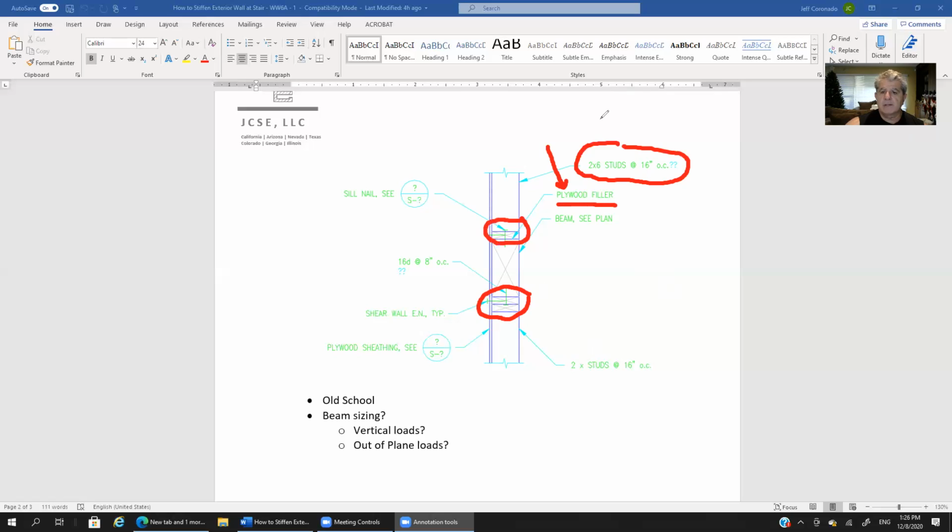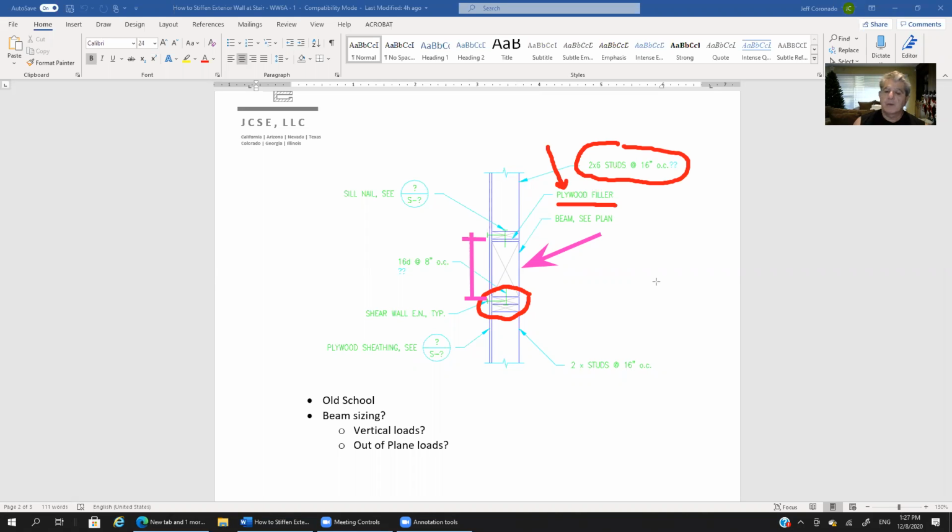That leaves, let me use magenta here, this distance between the bottom of the sill plate and the top of the double top plate as an unknown, if you will. So this beam basically has to match the depth of the floor framing, of the floor joist. Otherwise, we're going to have a problem. So we need to find a way to get that strong element to fit in this cavity, if you will.